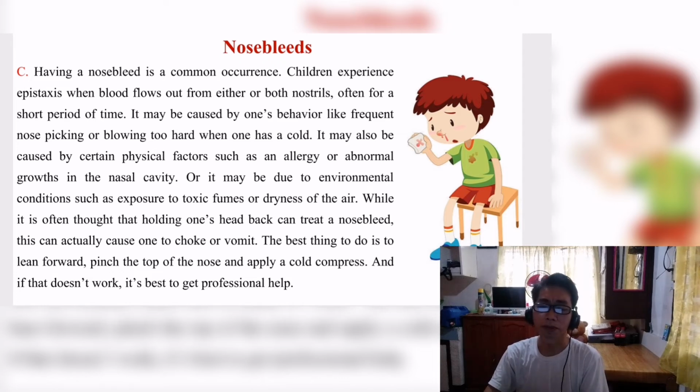It may be caused by one's behavior like frequent nose picking or blowing too hard when one has a cold. It may also be caused by certain physical factors such as an allergy or abnormal growths in the nasal cavity. Or it may be due to environmental conditions such as exposure to toxic fumes or dryness of the air.